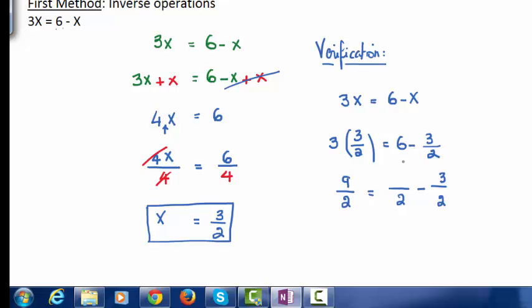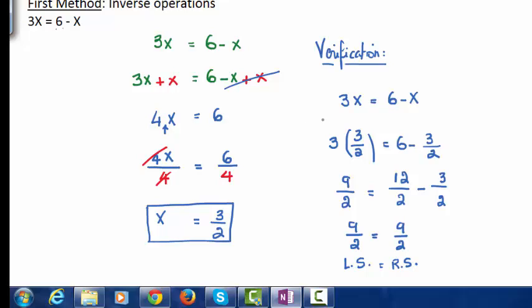Now to write 6 as something over 2, it's going to be 12 over 2. So 9 over 2 equals 12 minus 3, again it's 9 over 2. Wow. So the left side equals the right side. And this shows me that x equals 3 over 2 is the right answer.